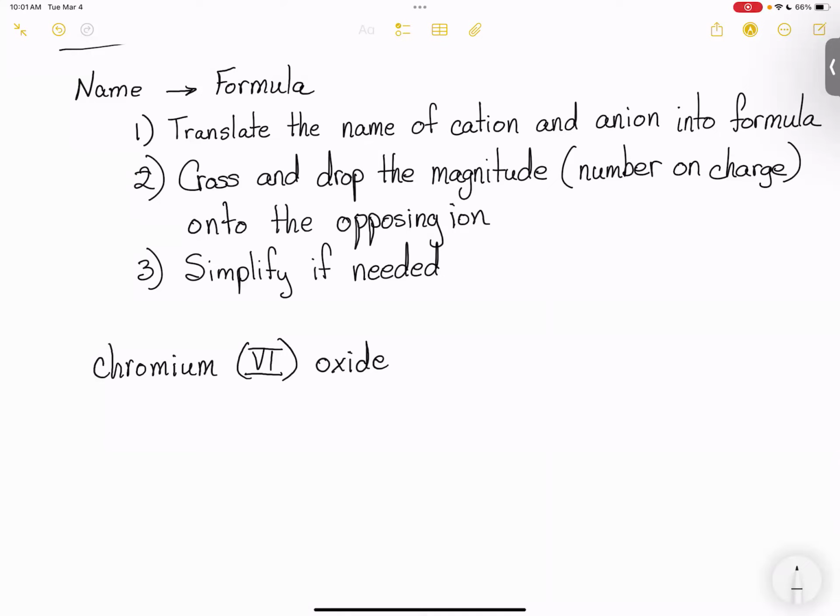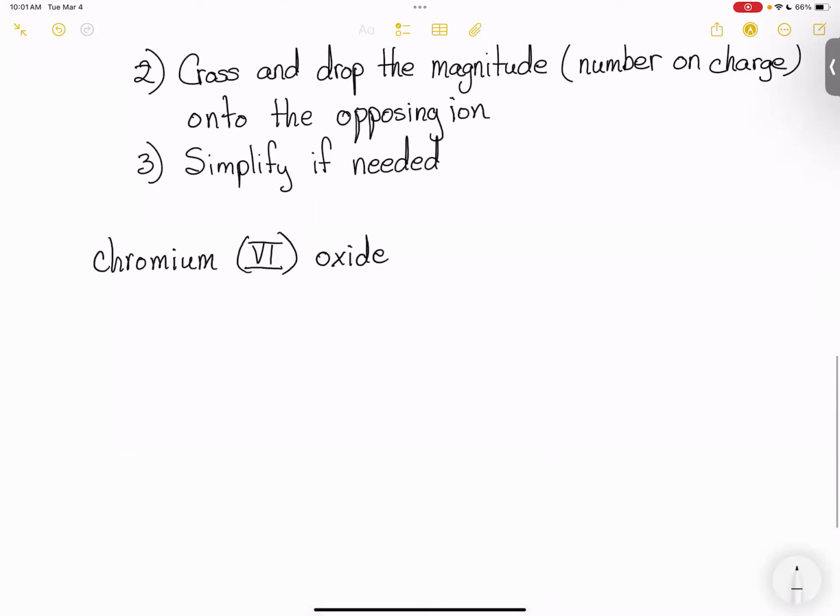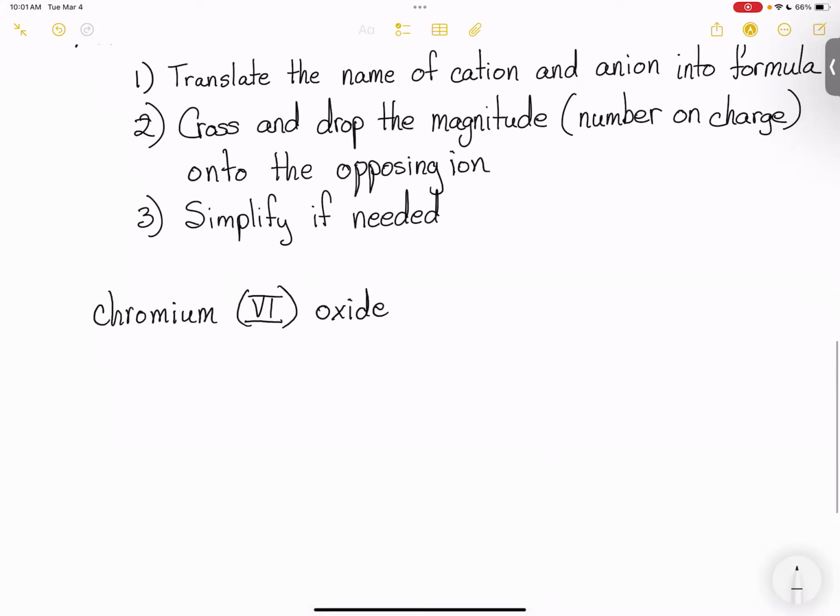Charge on what specifically? The metal. And I had to give you the charge. Why? Because chromium has multiple different charges. Chromium can be a +2, a +3, a +6. You got to tell me which one, or I got to tell you which one.